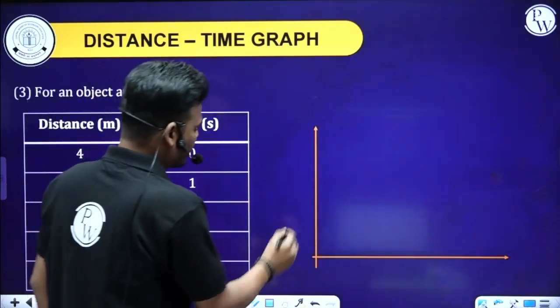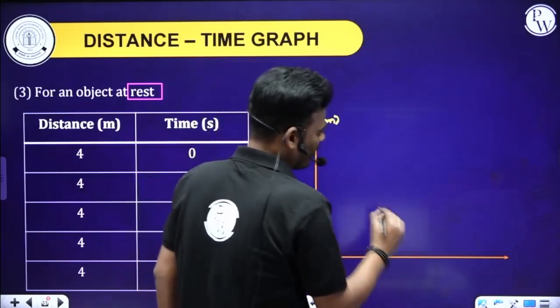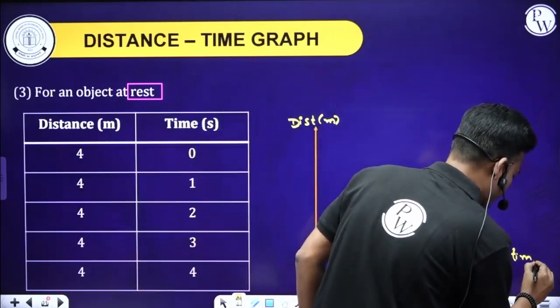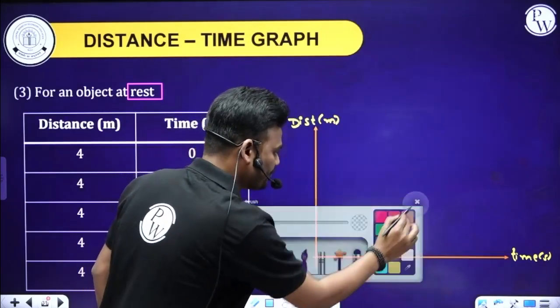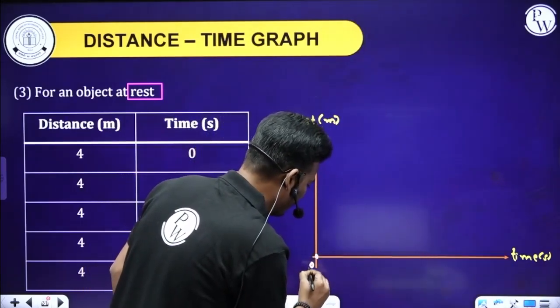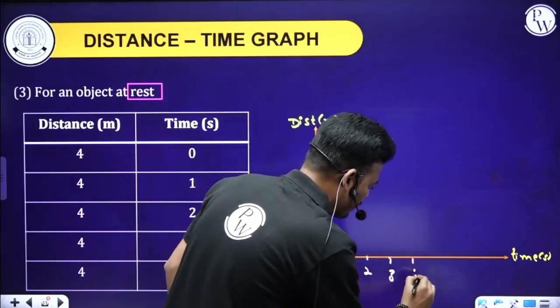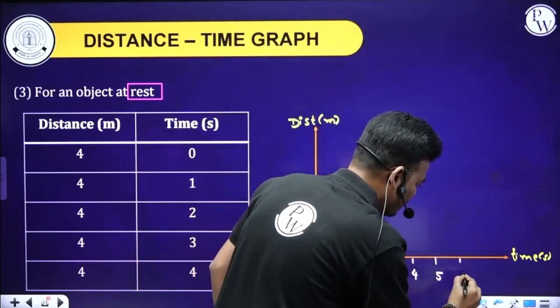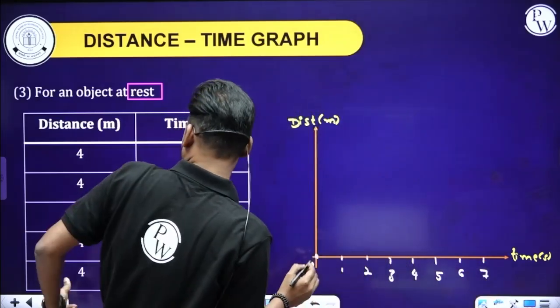Let's consider this is the distance in meters and this is the time in seconds. Let's consider markings. This is the origin, 1 second, 2, 3, 4, 5, 6, and 7 seconds. And for distance, let me consider the maximum distance as 4.